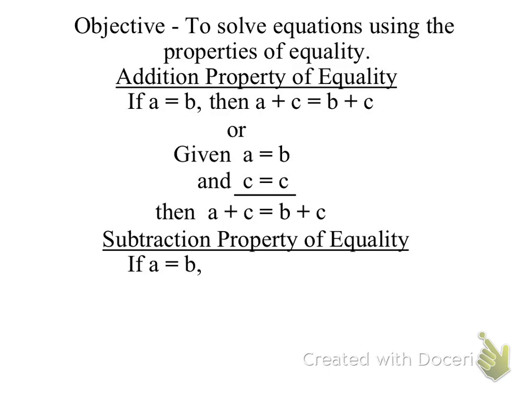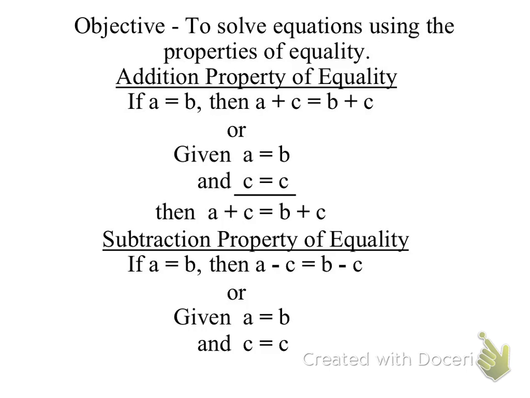What do you think, David? Subtraction property of equality. So what operation you see is what we're doing. Okay. Pause the recording and finish the notes if you'd like them.